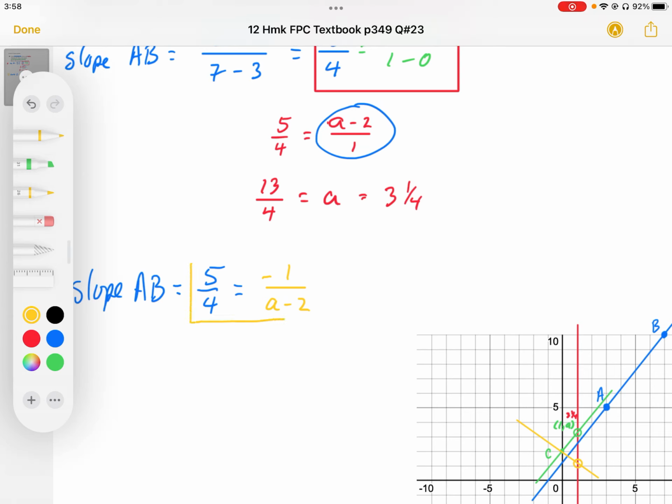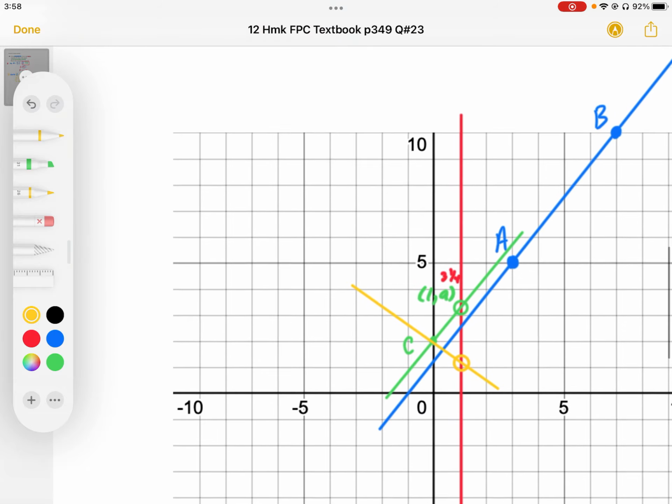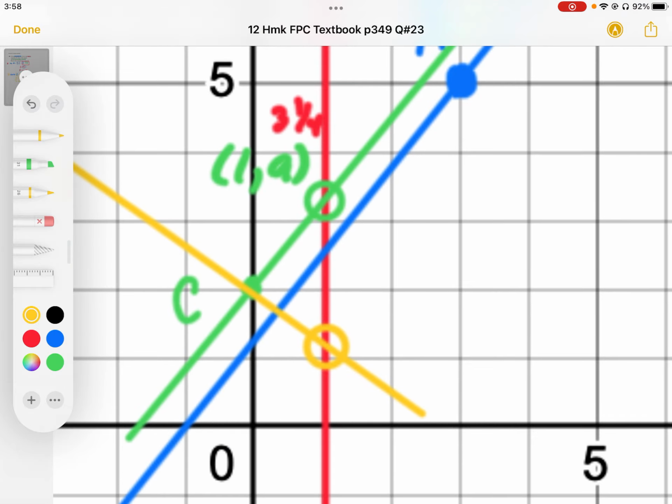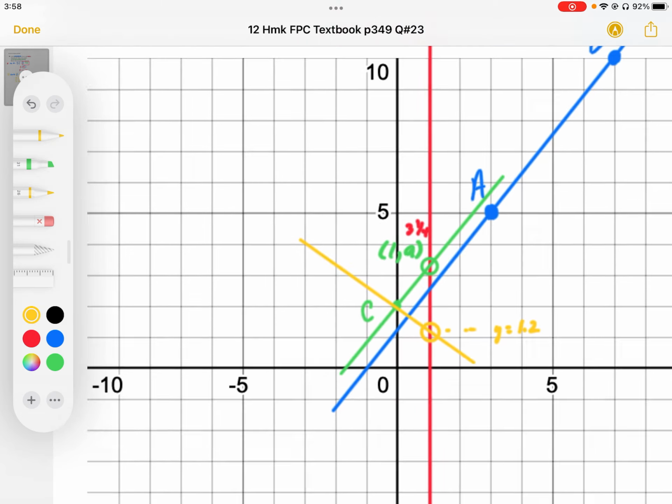Solving for A, I end up with 5A minus 10 equals negative 4. I'm going to add 10 to both sides, so I end up with 5A equals 6. A is equal to 6 over 5, which is 1.2. And that looks about right. That coordinate is going to be at y equals 1.2.